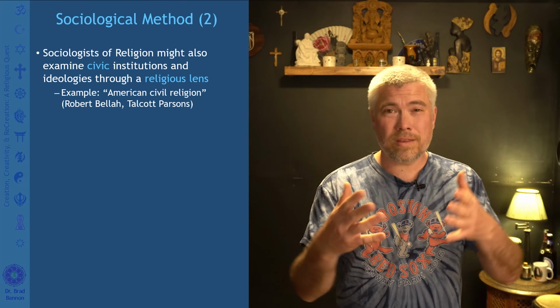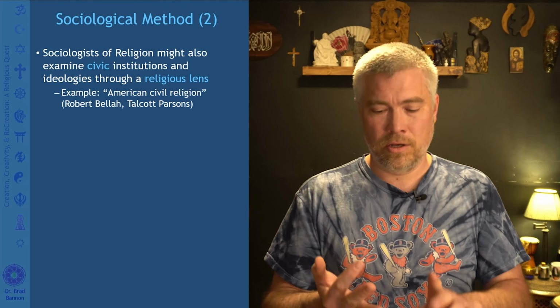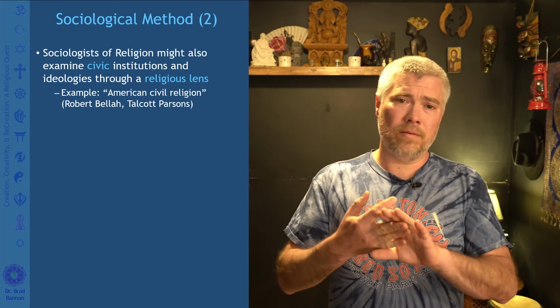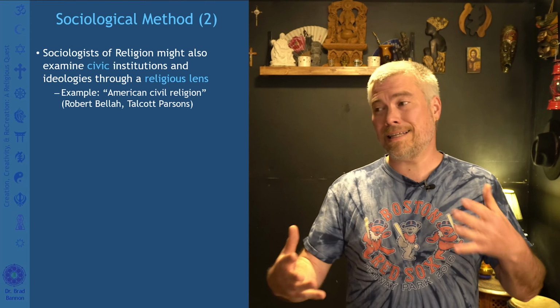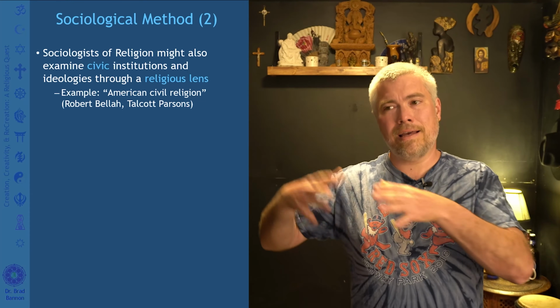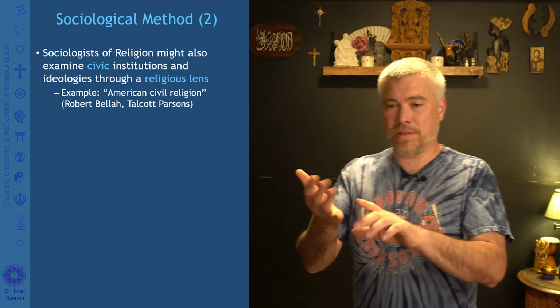What are the things that make up a religion? Usually you have some sort of scripture, right? Usually you have some sort of ritual. Usually you have some sort of doctrines. Usually people are part of a group, and they understand their personal identity as belonging to a particular group.